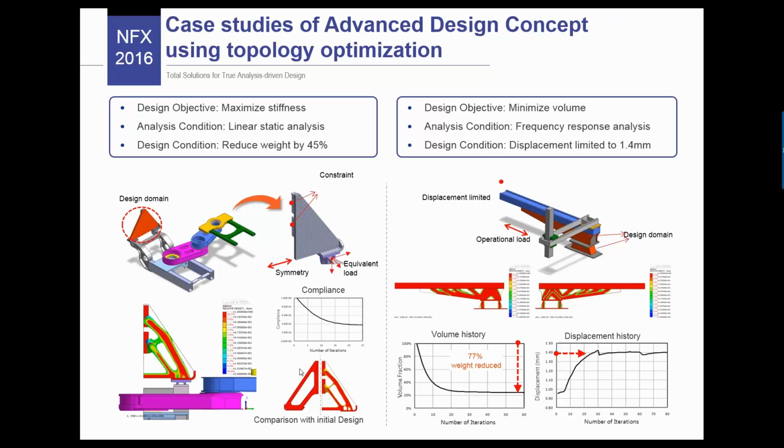If you compare the two parts, you see that there's a big difference between the design that the designer would have done with experience and the final design which has been done following the recommendation of the software. That's usually not something that you can guess, so that's why this kind of analysis is very useful.